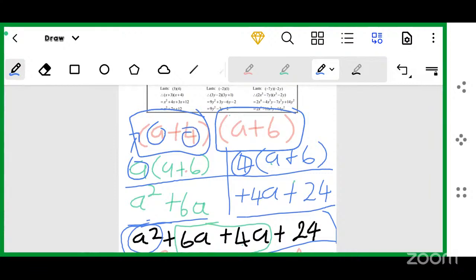That's why first we are multiplying by the A, and we are multiplying the second bracket. Are you okay with that part? Yes, ma'am. So for the second part, you can't just multiply by A only. You have to also multiply by the plus 4. That's where you multiply the second bracket by 4. Are you okay with that part? Yes, ma'am.